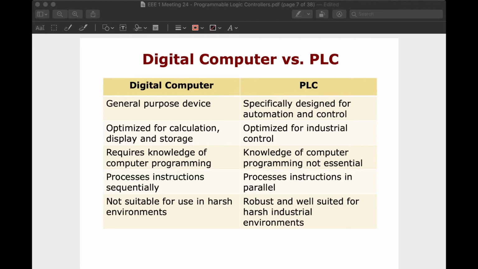And since it is optimized for industrial control, it does not really have storage or display options. But newer PLCs may have some computer attached to them that allows you to calculate, display and store massive amounts of information. But again, that is already the digital computer that is attached to the PLC, not the PLC itself.